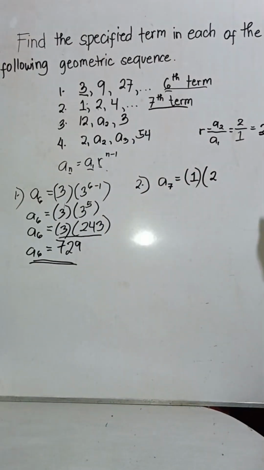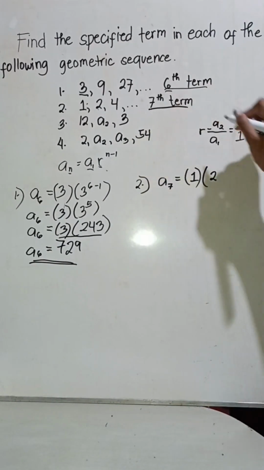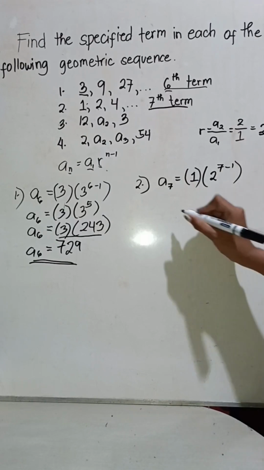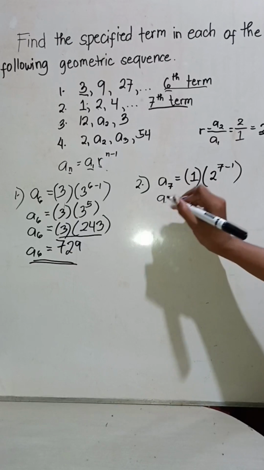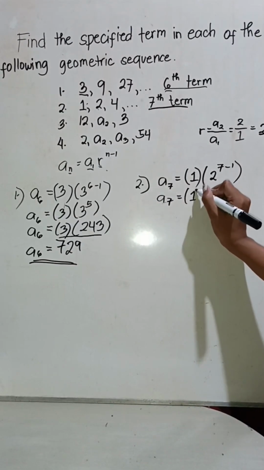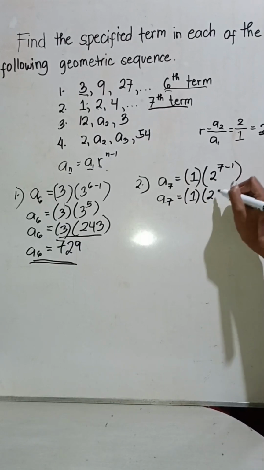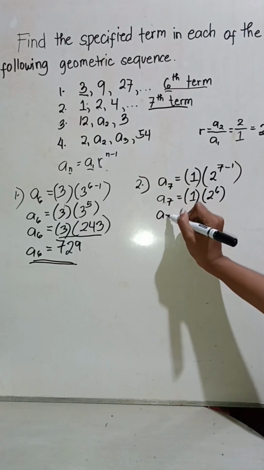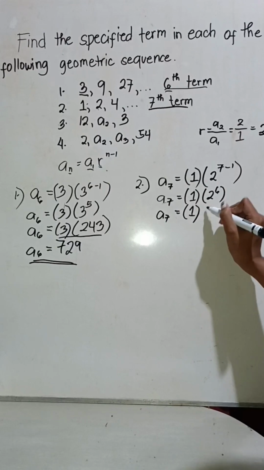So we have 2 for our r. Then the exponent is n minus 1. Our n will be 7, because we are finding the 7th term. So 7 minus 1. So a sub 7 is equal to 1 times 2 exponent of 6.